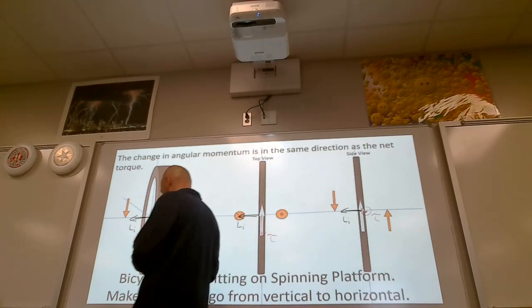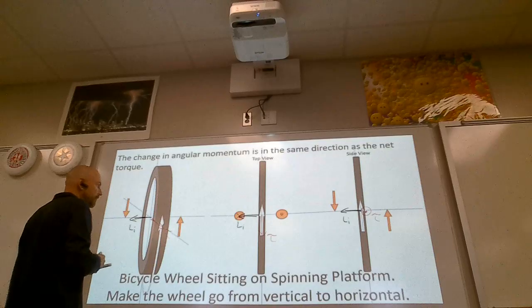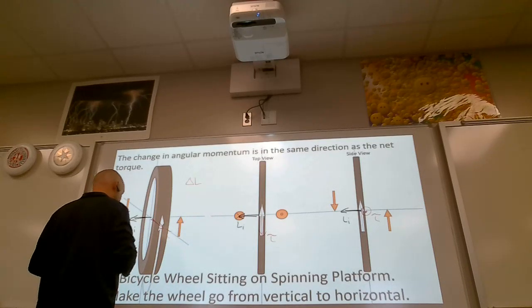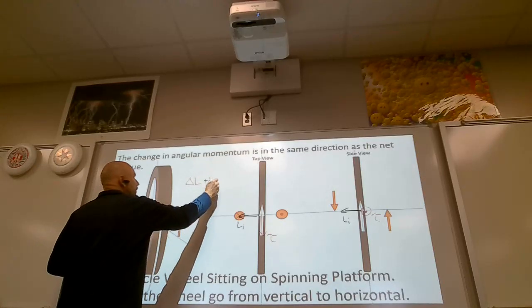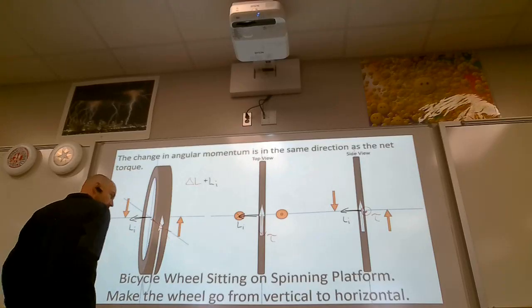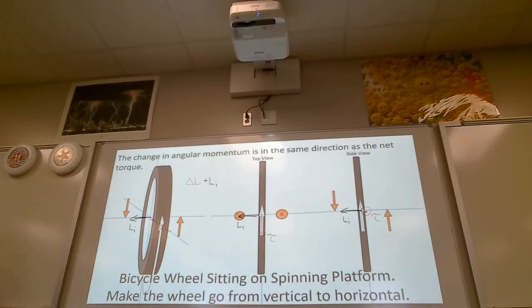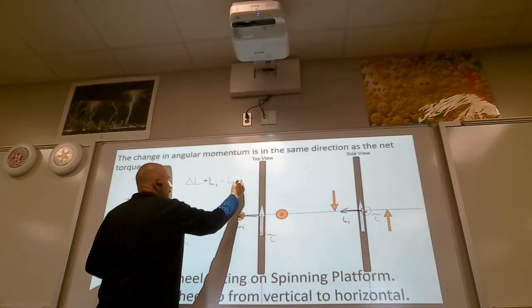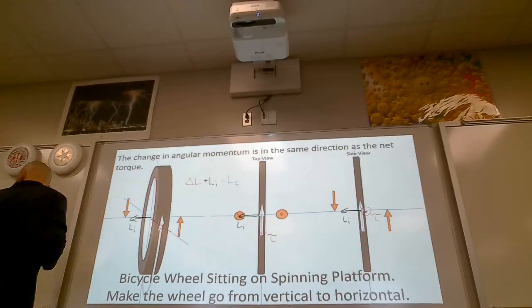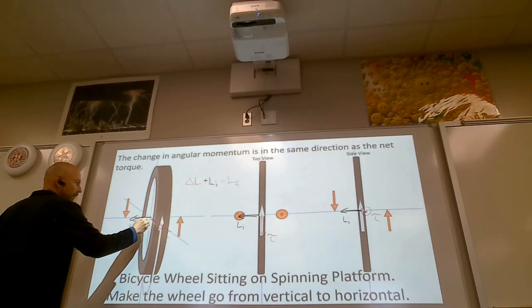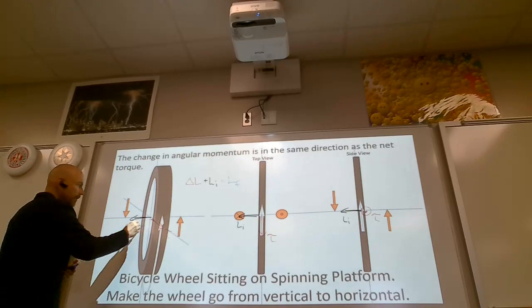Okay. So, your change plus your initial is going to be equal to your final, which is going to be the same direction as your change. So your final is going to be doing kind of like this. Yes? Okay.